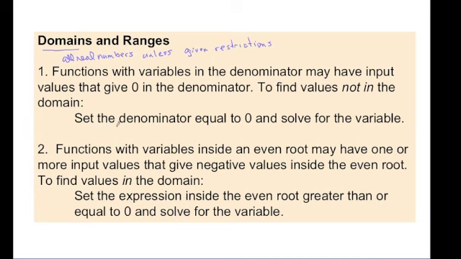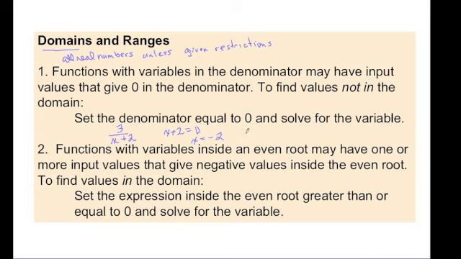If we had a function that had something like 3 over x plus 2 as part of the function, set the denominator equal to 0. So x plus 2 equals 0, and x would equal negative 2.